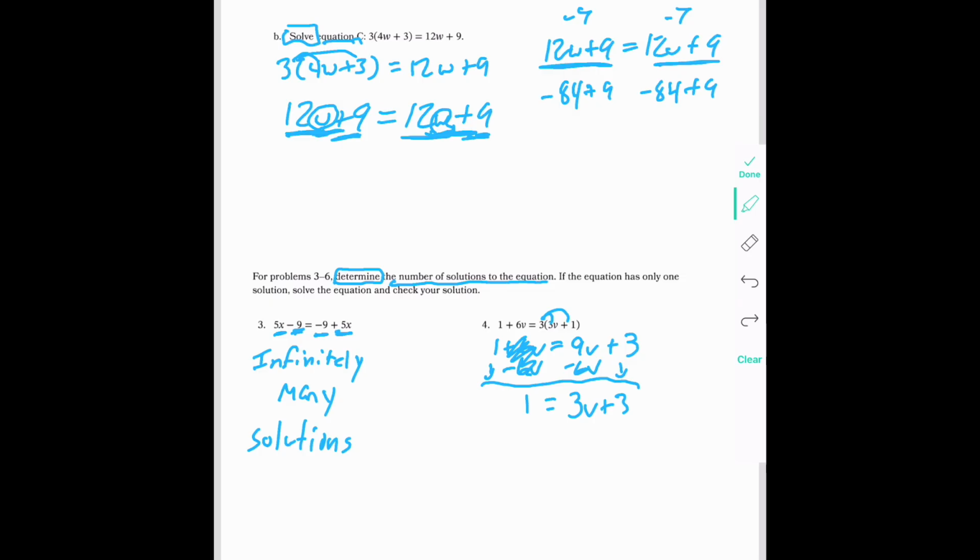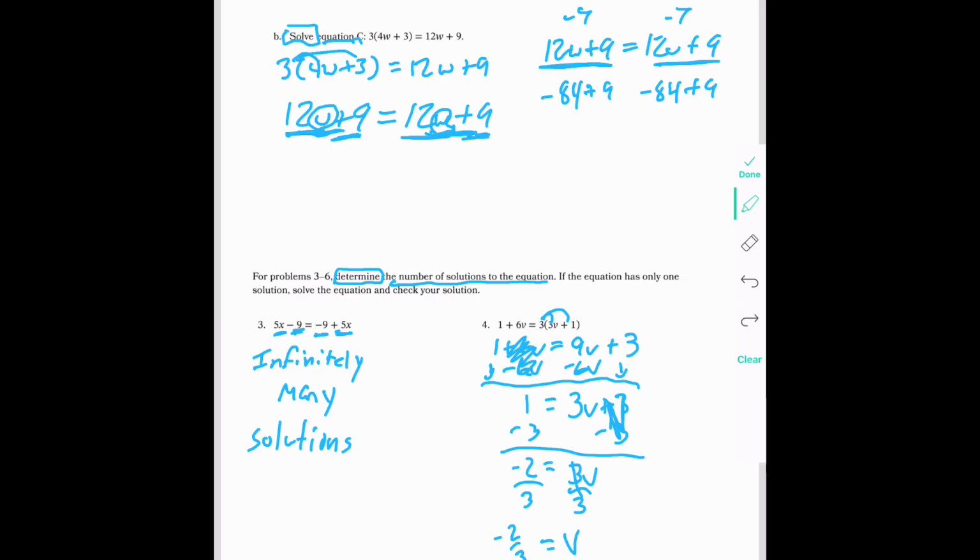All right, so now I need to start getting the variable by itself. So that means I would subtract 3 from the plus 3 to get this gone, and that's 3v. 1 minus 3 would be a negative 2. Okay, then I need to divide by 3. So that means v would equal negative 2/3.